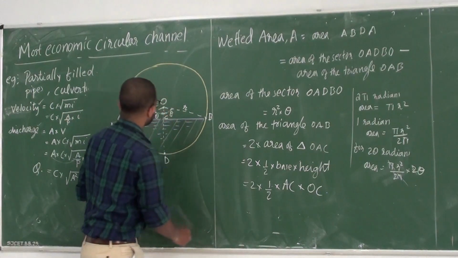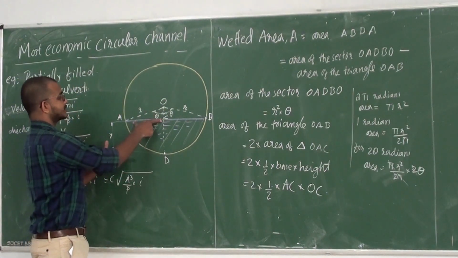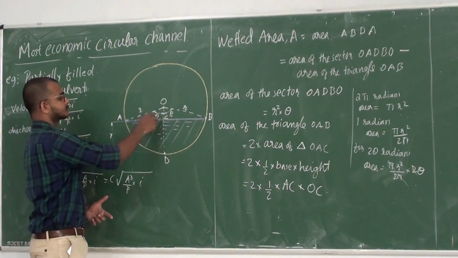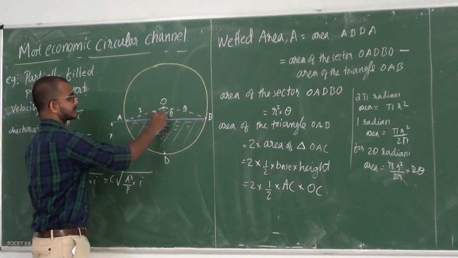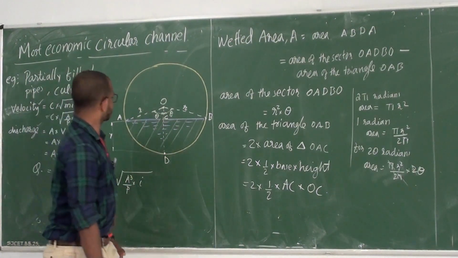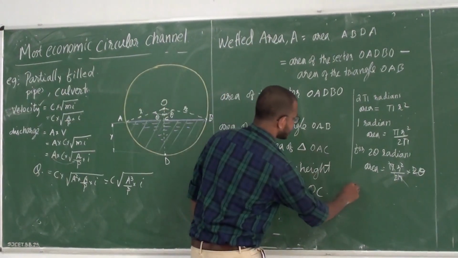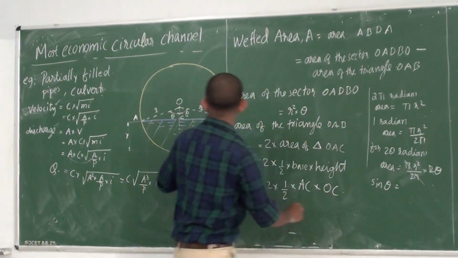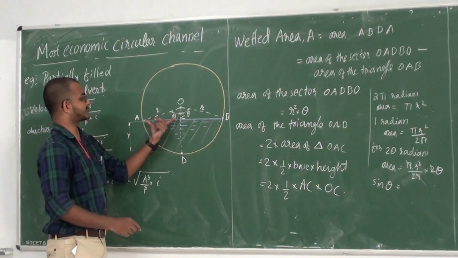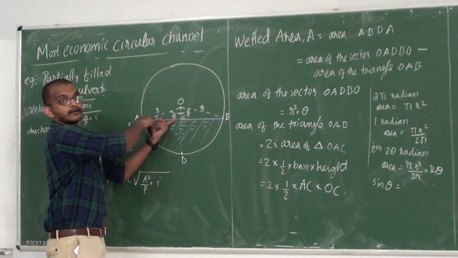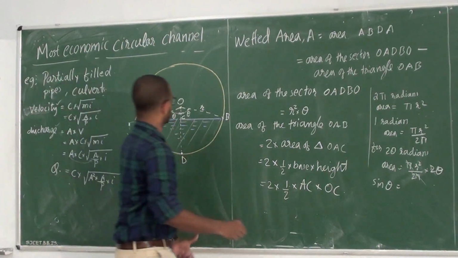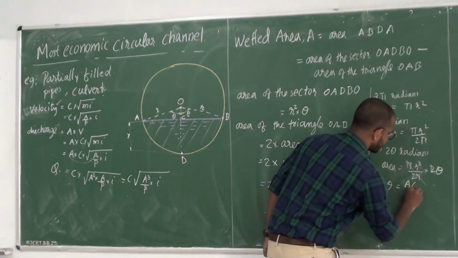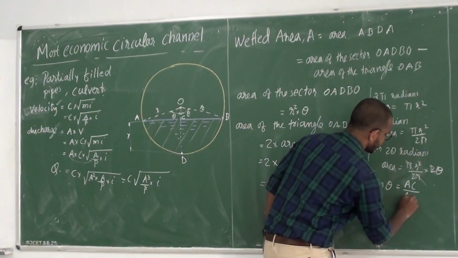So this is equal, what is AC? AC, because AO is R, this angle is theta, then we know that sin theta is equal to opposite side AC by hypotenuse AO, AC by AO.